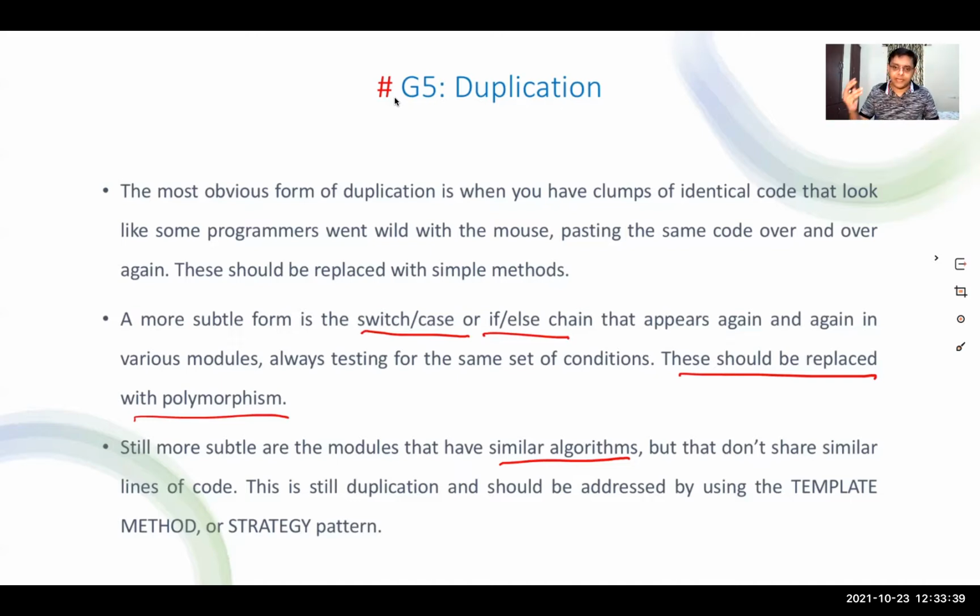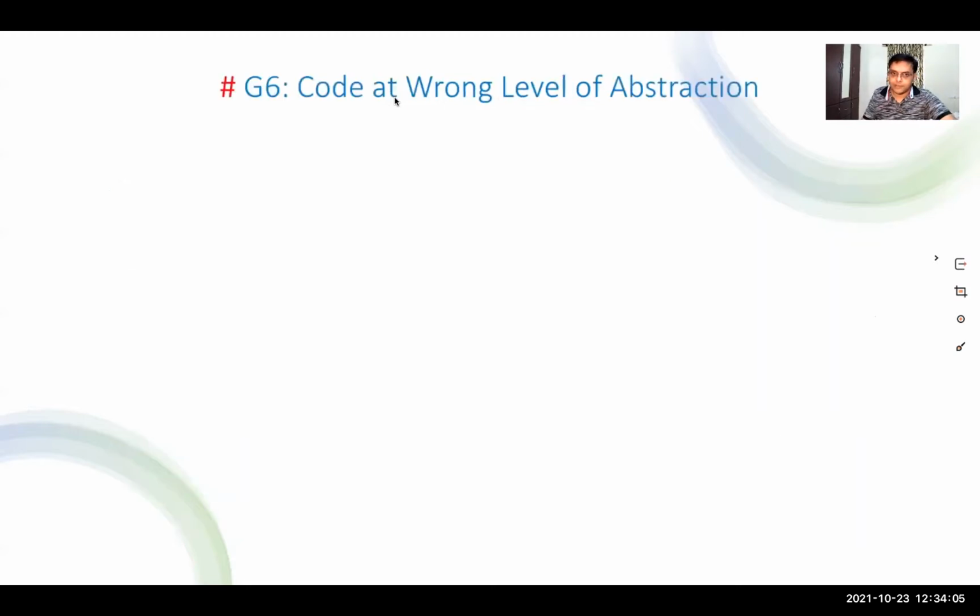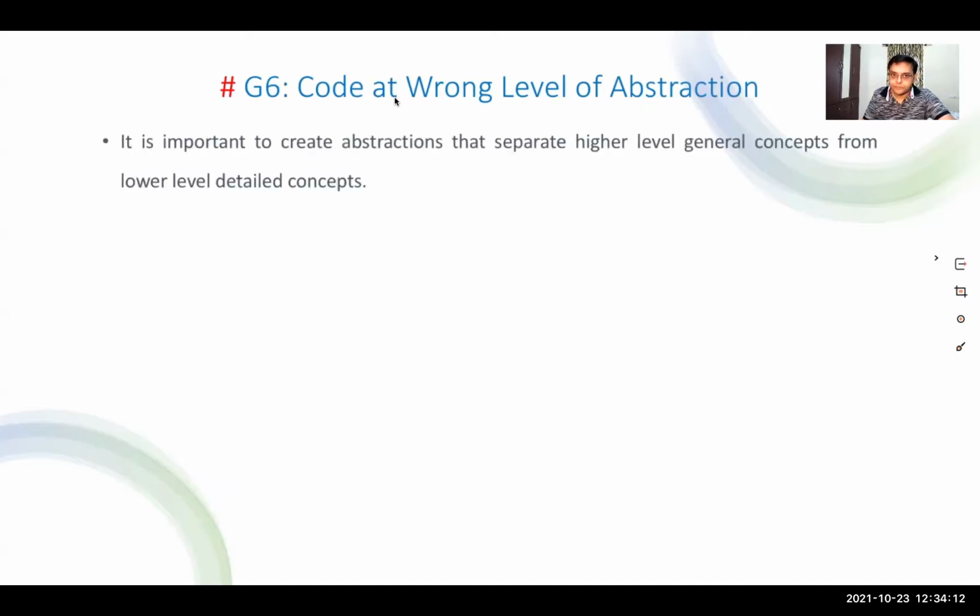This duplication we can address with a template method or strategy pattern, which we will look into. How we use polymorphism and the strategy pattern we can see in more detail with some coding, because this is more like theory. From the next class onwards, we can look more into the implementation side. We'll come back to these things once we understand the design principles and design patterns.